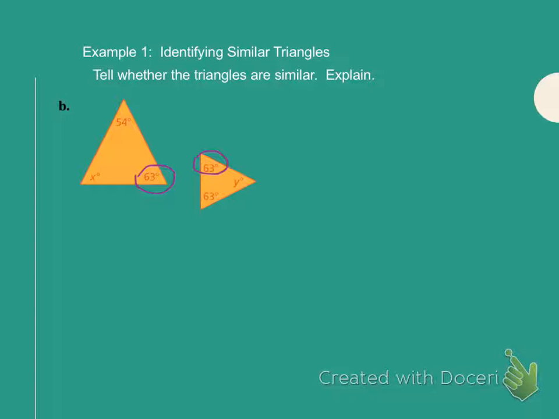So I'm just going to write an equation here. X plus 54 plus 63 is going to equal my 180 degrees. That's going to be x plus 117 equals 180. Subtract 117, and we get x equal to 63.